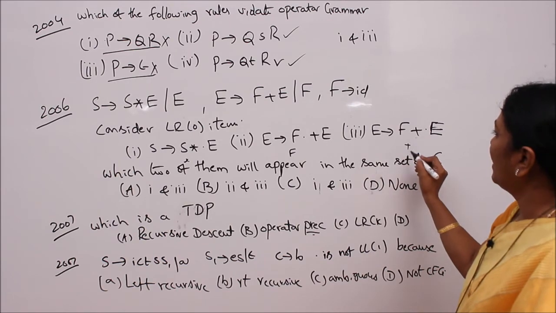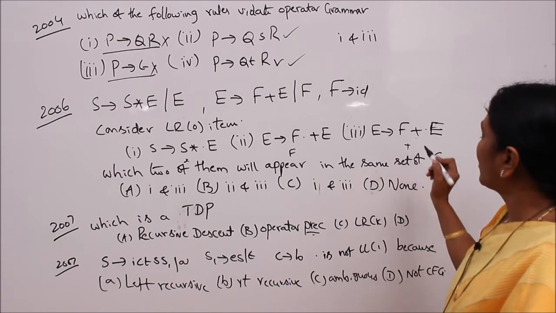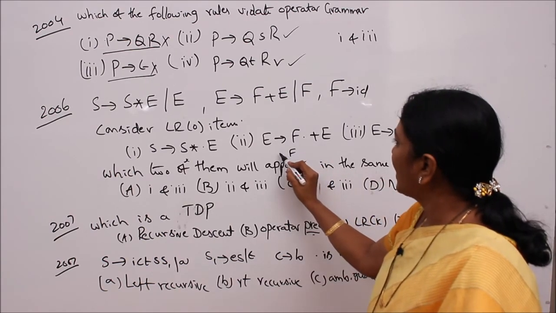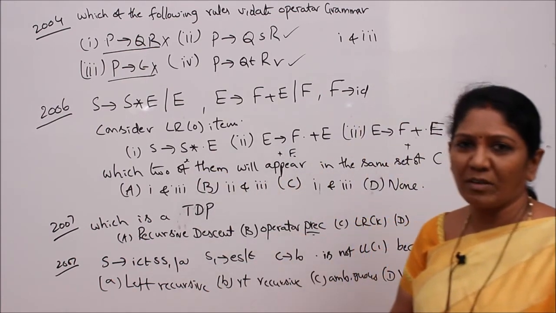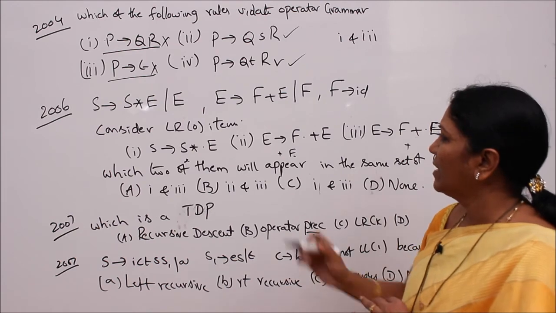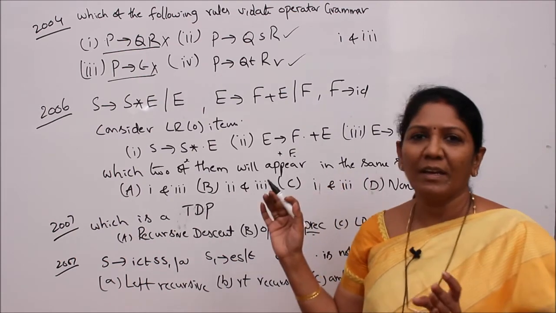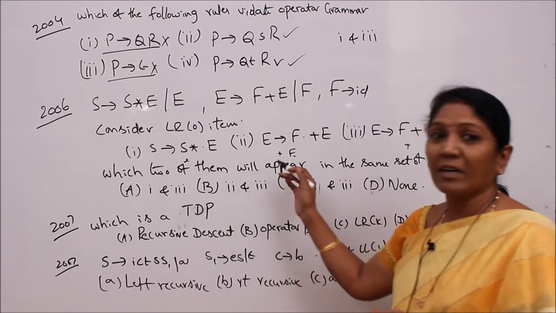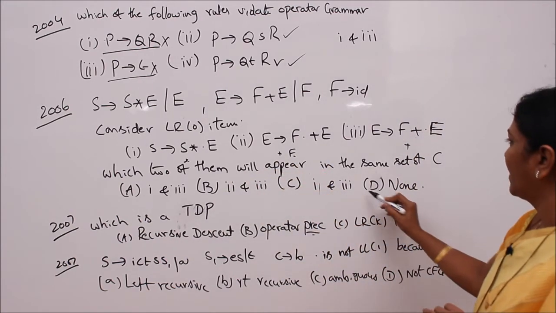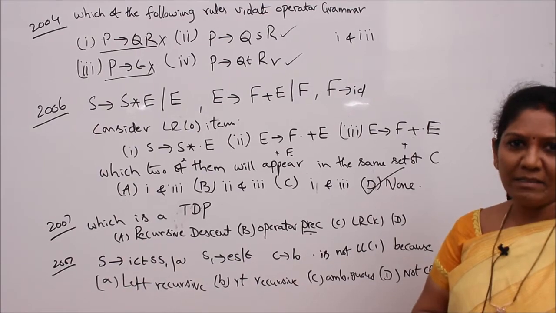That means this may be by applying the goto function on plus in any state. This is applying the goto function on F. This may be goto function on three different conditions. That means none of them will actually be there at any point of time. All are independent, which may not occur together in any state. That's why D is right.